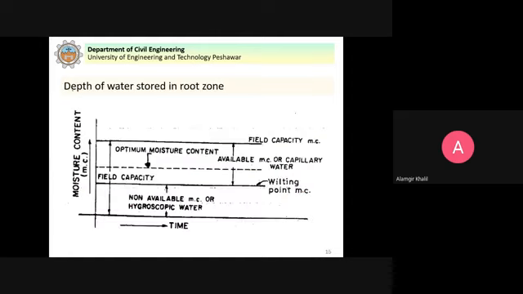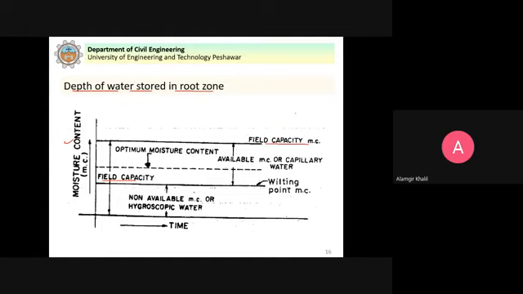Now next we discuss the depth of water stored in the root zone. How can we calculate this? We have the moisture content. In this case, you see that this is the field capacity in terms of the moisture content of the soil. These will be expressed as percentages.